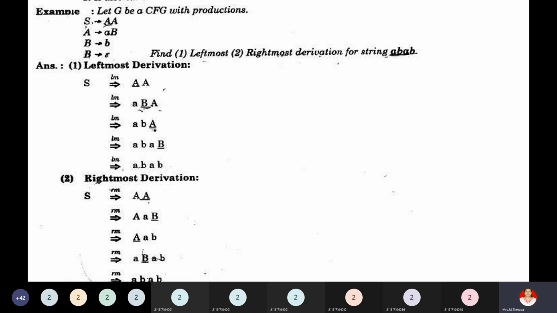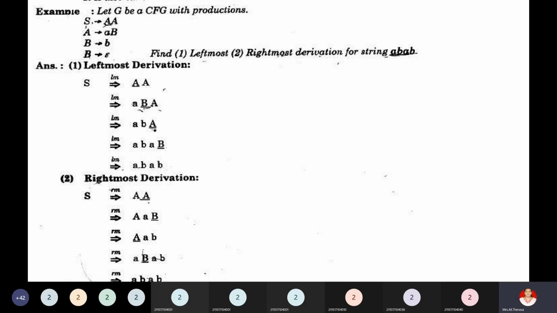So always you have to start with the capital S. S derives AA. So you have only one option, isn't it? Look here: there are 2 non-terminals. You are supposed to choose the leftmost non-terminal. The leftmost non-terminal is A, which can be replaced by its production aB.